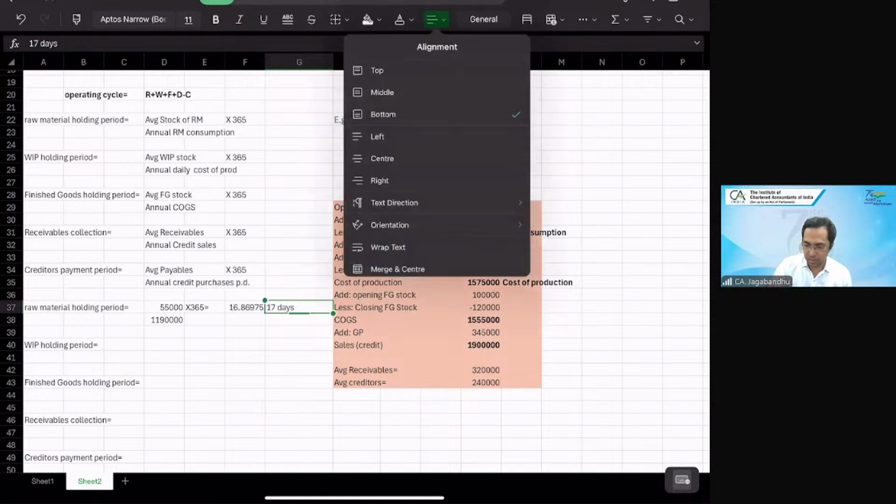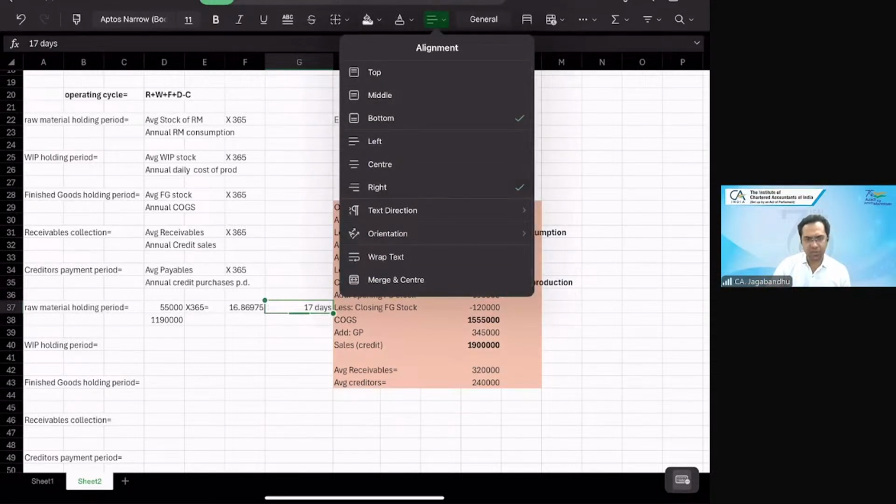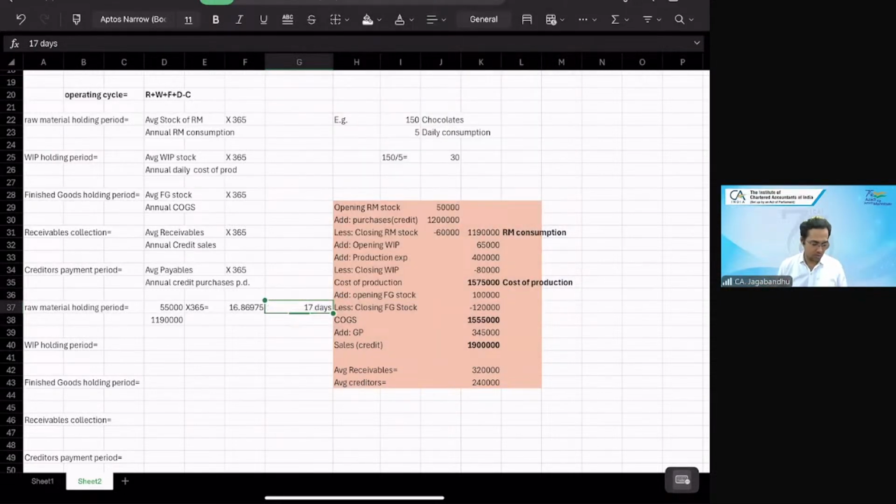So the answer we take as 17 days because we are generally going to round it. Always, whenever we're talking of days, it will be always rounded to the upside.